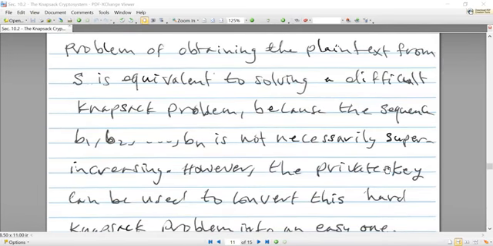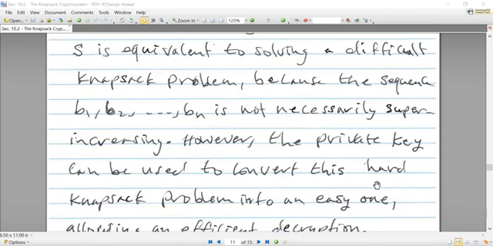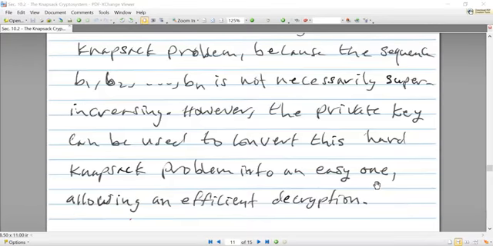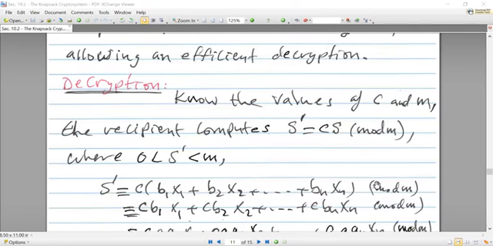However, the private key can be used to convert this hard knapsack problem into an easy one. The way it is done, now we know the values of C and M. So the recipient computes S prime, which is equal to C multiplied by S mod M, and then we reduce S prime to be between 0 and M.